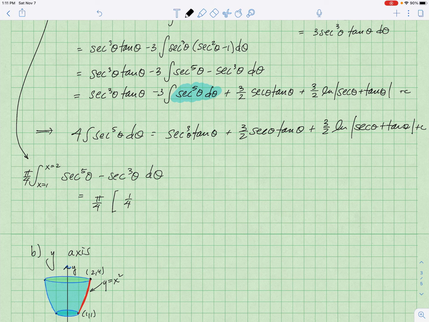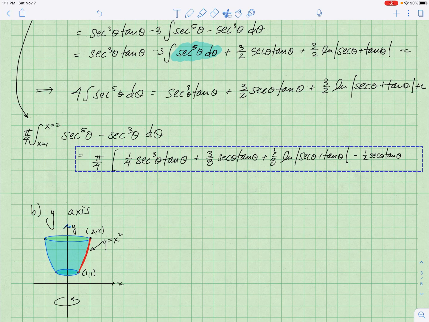We're going to have to in a second. Let's see, 1/4 secant cubed theta tangent theta plus 3/8 secant theta tangent theta plus 3/8 natural log of the absolute value of the secant of theta plus the tangent of theta minus the integral of secant cubed, which is 1/2 secant theta tangent theta.